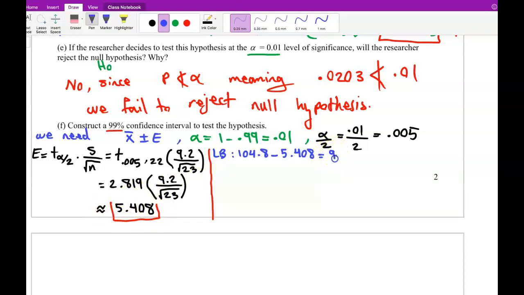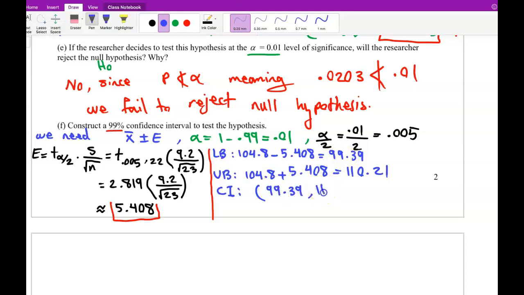So that is equal to 99.39. For the upper bound we have plus in between, so the same numbers, with addition instead of subtraction. That is equal to 110.21. So our confidence interval is 99.39 comma 110.21.